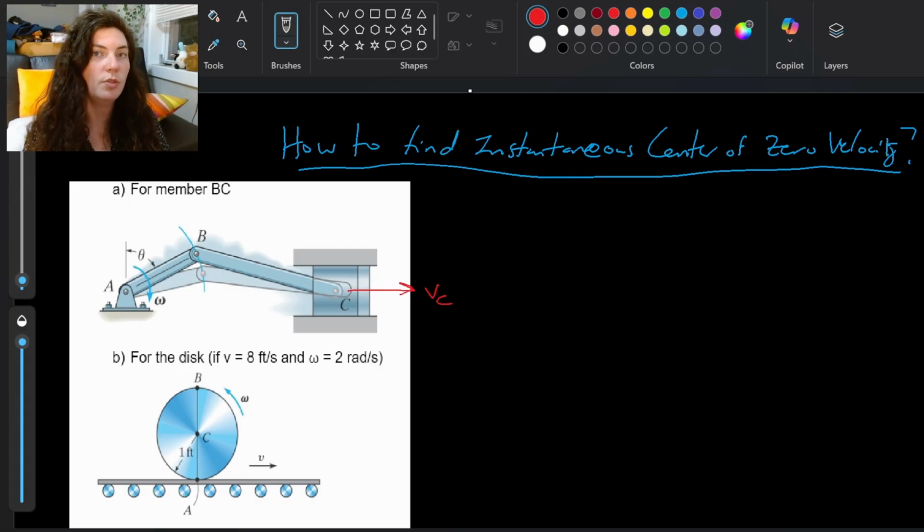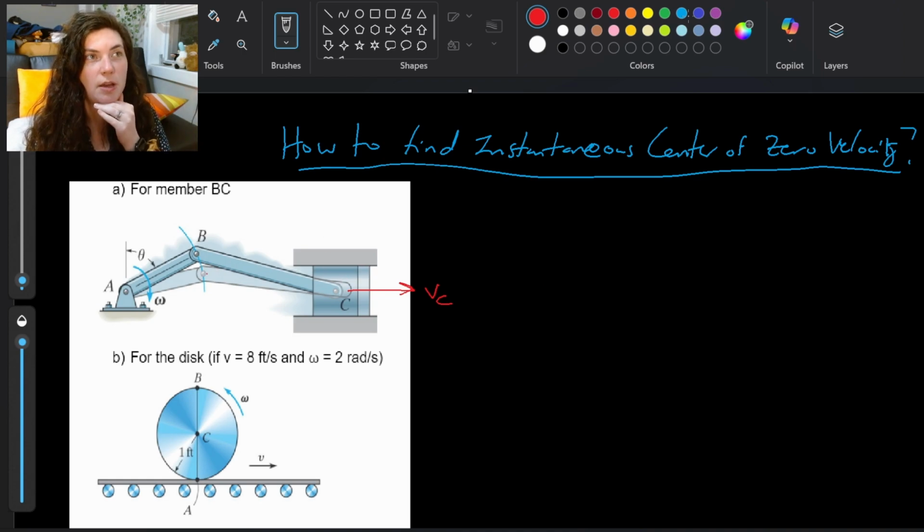So we do know the direction of VC. And we don't actually need to know the magnitudes when we're finding the general location of our IC. We can do it just with our directions here. So I know the general direction of my VC. It's going to be to the right.